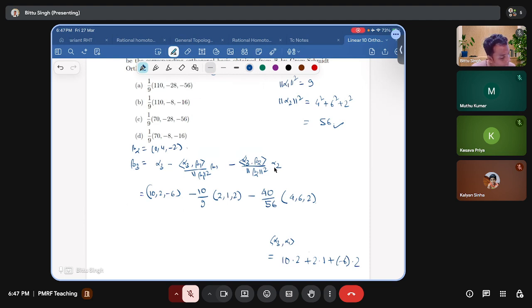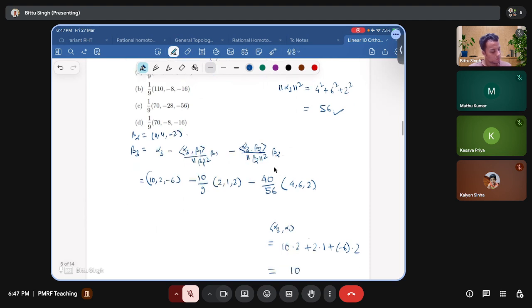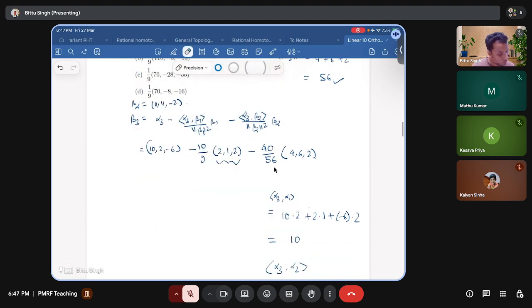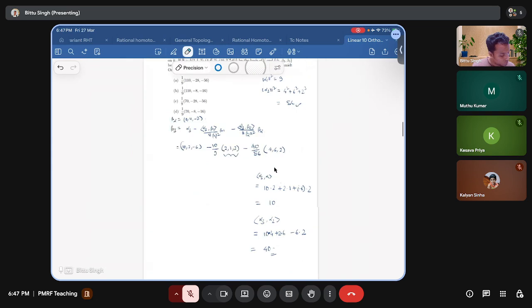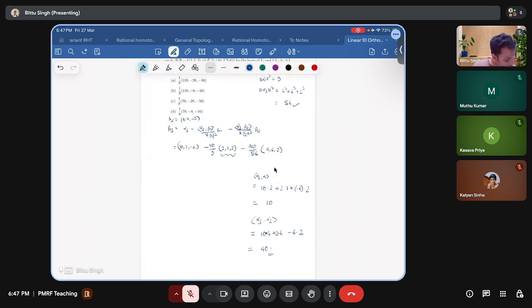The first formula will be unchanged because beta 1 is the same as alpha 1, there is no issue. But for the second term I again need to calculate the inner product of alpha 3 and beta 2.